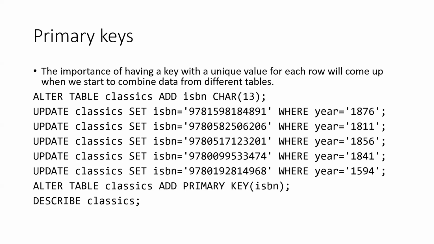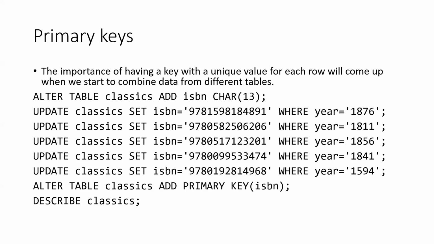To add a unique value, we have to alter the table. The first command adds an attribute called ISBN with 13 characters. Then we have to update each and every record, because we want to include the ISBN for each and every record.